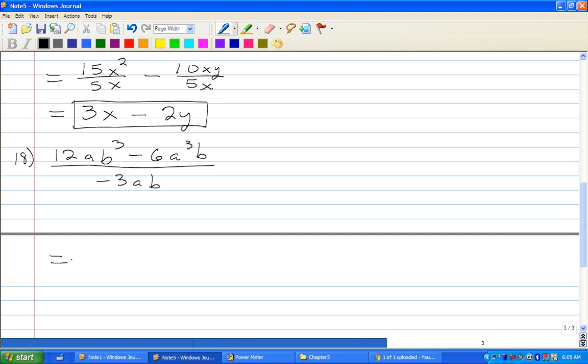So let's divide each of these terms by negative 3ab. So 12ab cubed over negative 3ab minus 6a cubed b over negative 3ab.